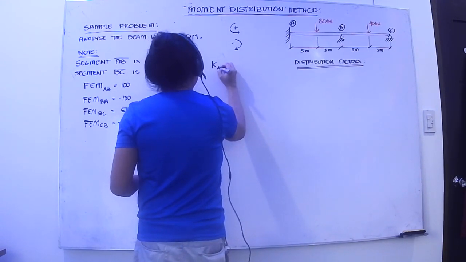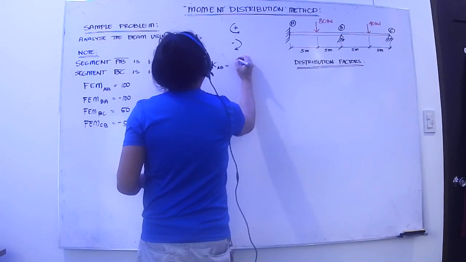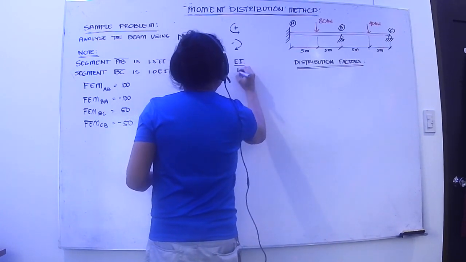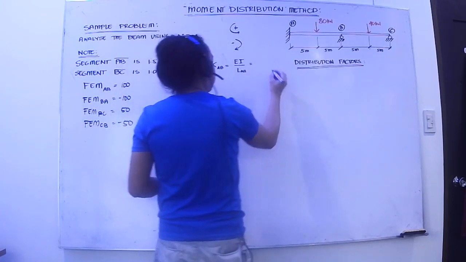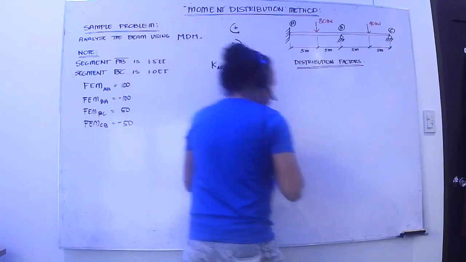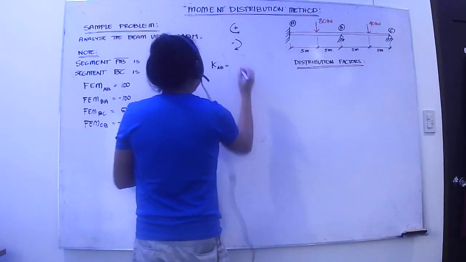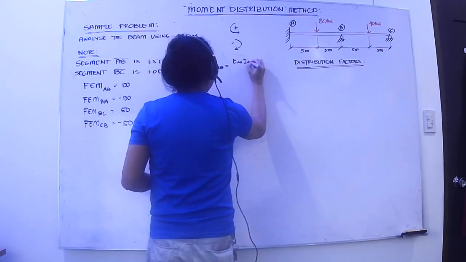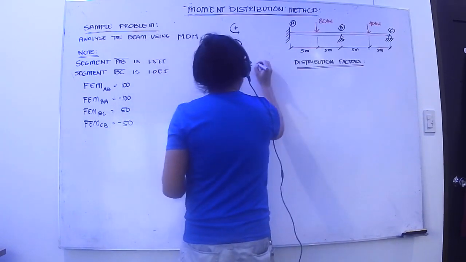K AB is I over L, that is E I AB over L AB.